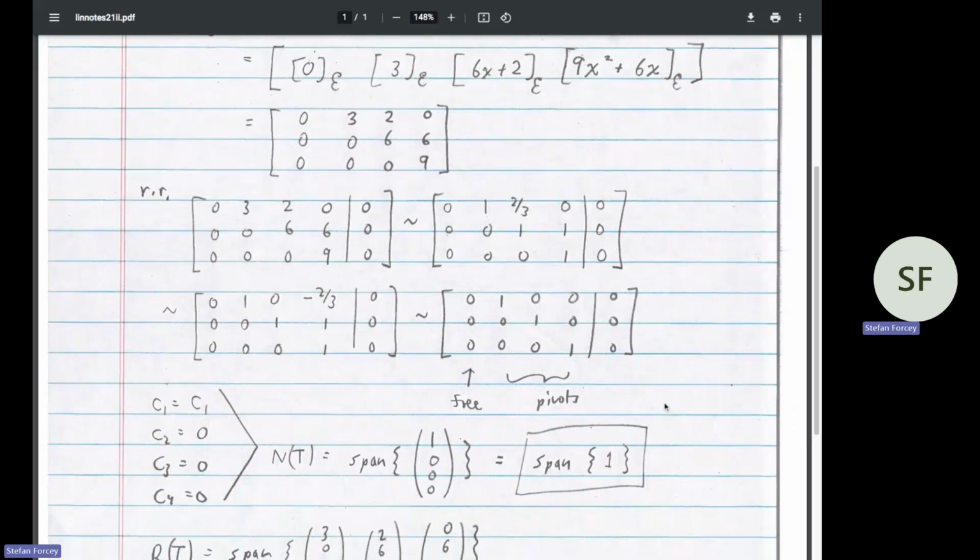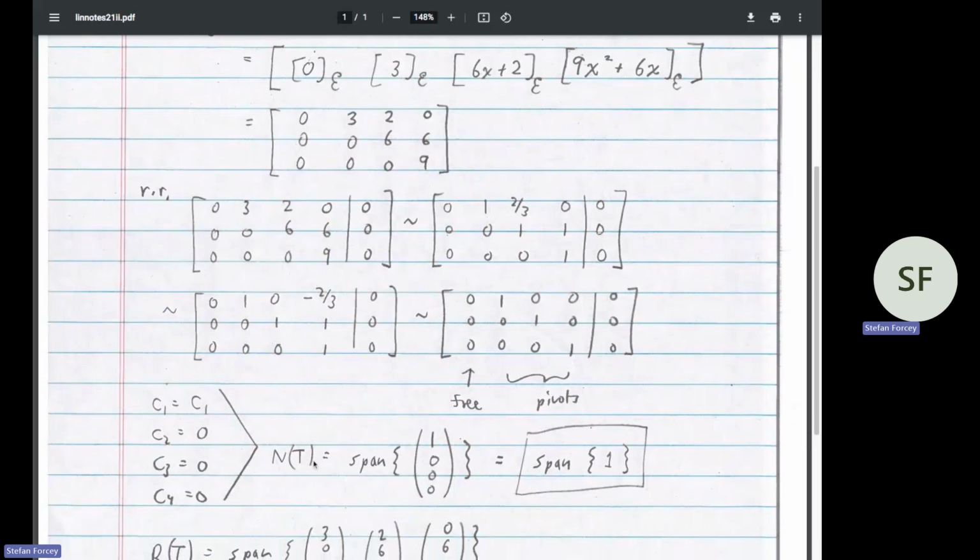So the 4 variables are C1, C2, C3, and C4. Free is C1. Then the rest of them are all not free. They're equal to 0. So C2 is 0, C3 is 0, and C4 is 0, one for each column. So to write the answer as a span, the answer is all the vectors that get sent to 0.